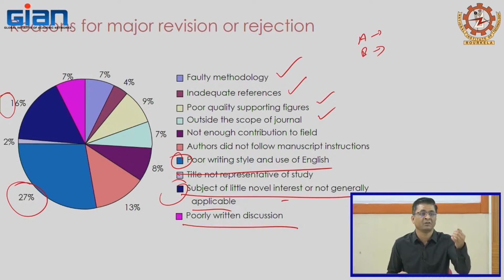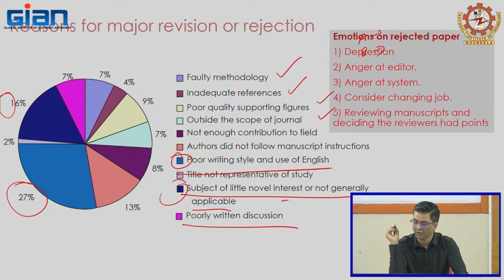So using a reduced amount of water, yield differences and quality, that is also novelty. Novelty is in the approach itself, and what benefit it will add. So all those things come into novelty.